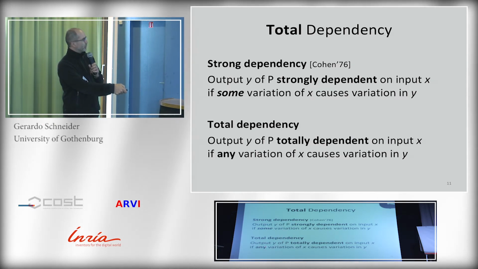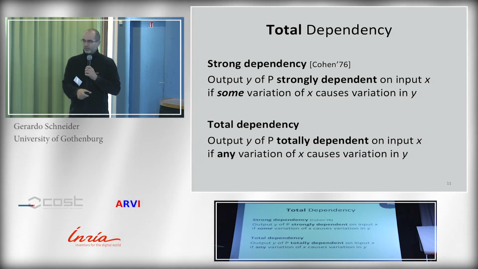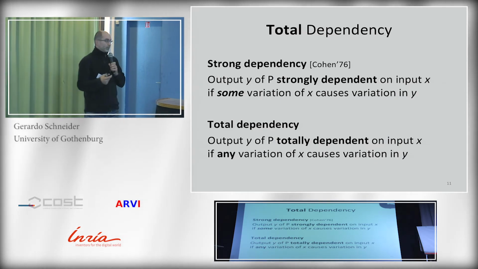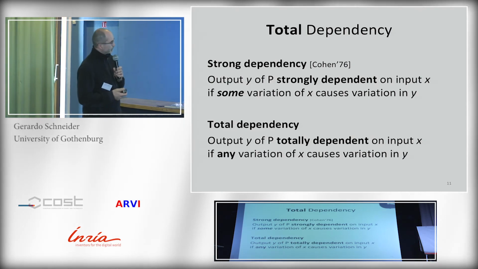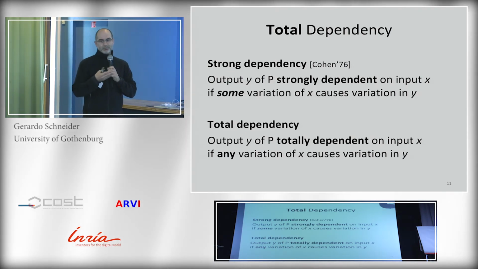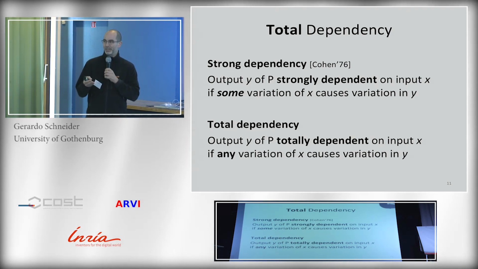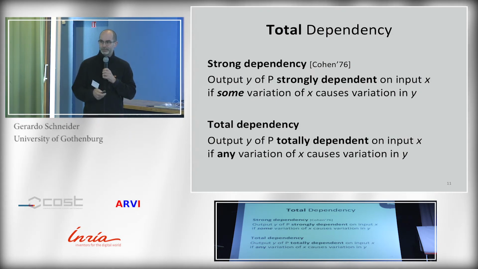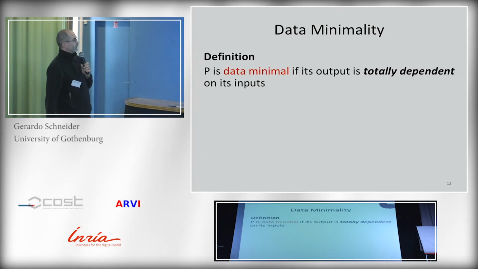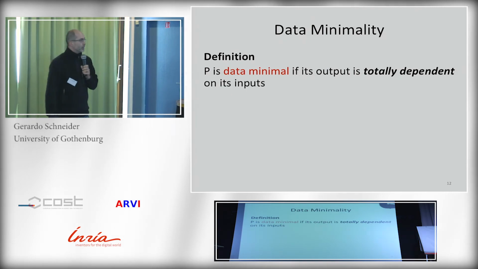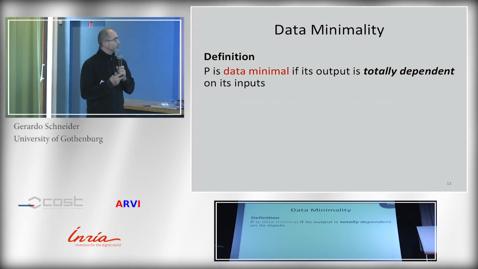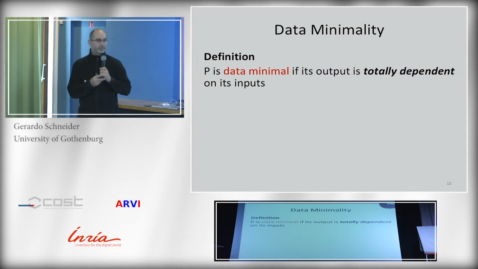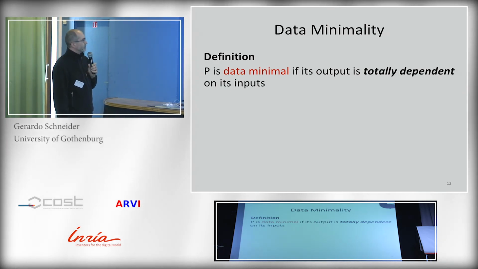The only difference is this quantification here. So the idea probably becomes obvious to you now: total dependency is very much related to data minimality. And this is exactly the definition we have, that a program is minimal if the outputs are totally dependent on its input.